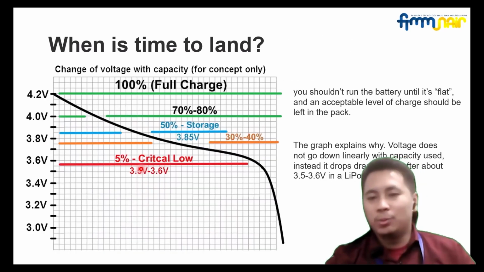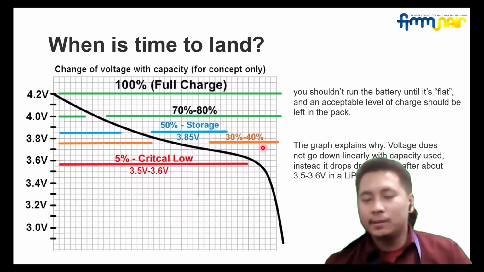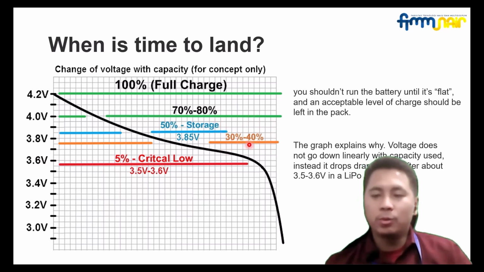And when it's time to land, we have the graph here. This is the full charge, and 30% to 40% is the area where you have to worry and put attention on your drone. Because after that, at about 3.5 or 3.6 volts per cell, it will drop.